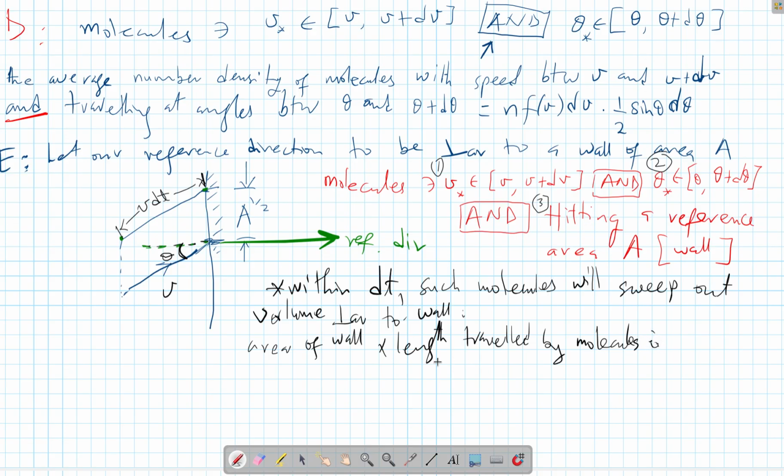So the area is A and the length is going to be v cos theta dt, right? So the length traveled is v dt, but we take the length in the direction which is perpendicular to the wall under consideration.